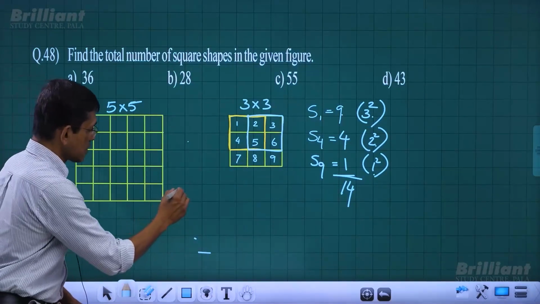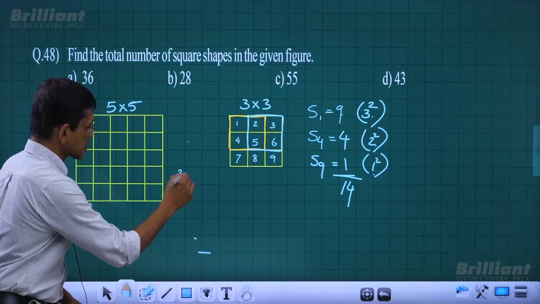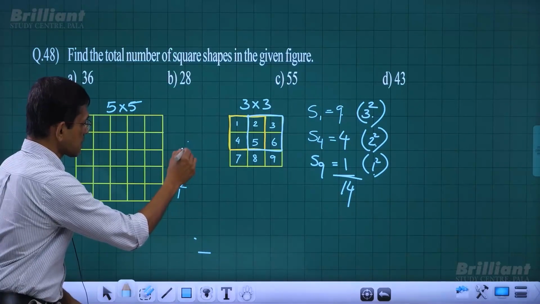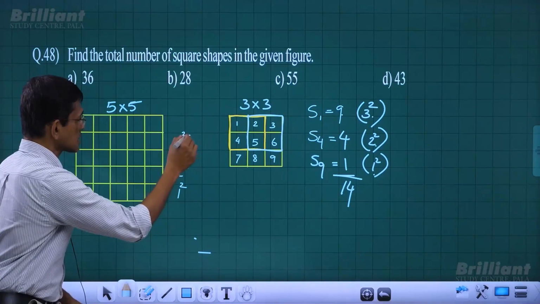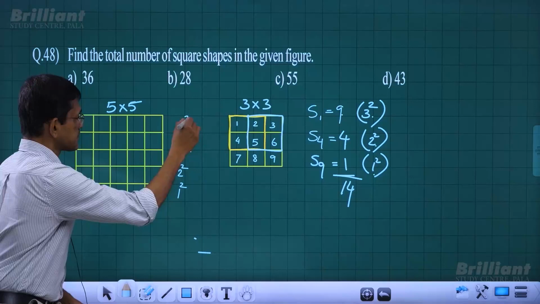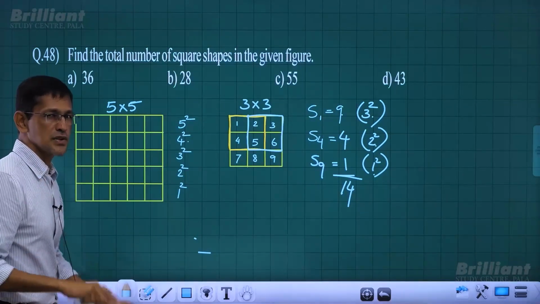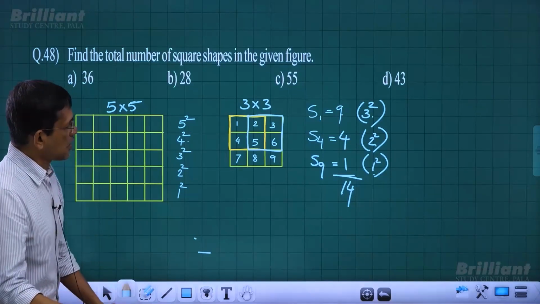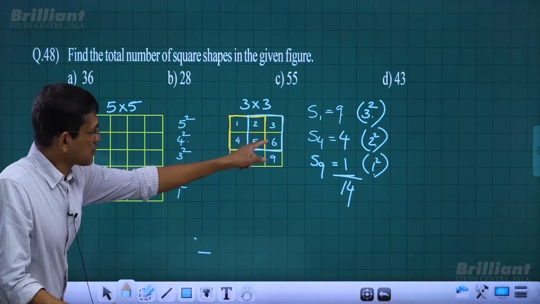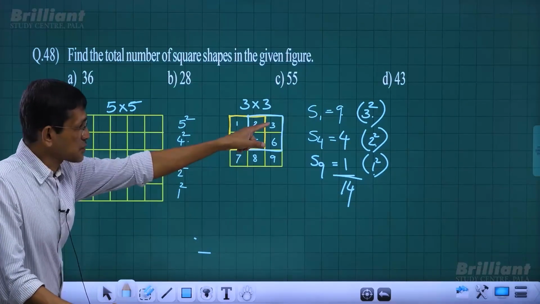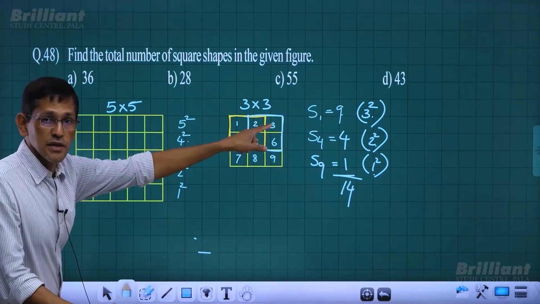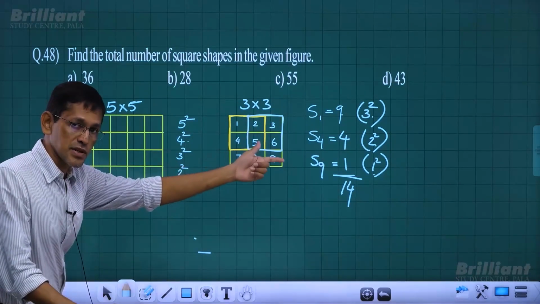It must be 1 square plus 2 square plus 3 square plus 4 square plus 5 square. We can just verify one of it, then you get a feel of it. Here we have taken one piece at a time. That is S1, right? We got 9. That is 3 square.